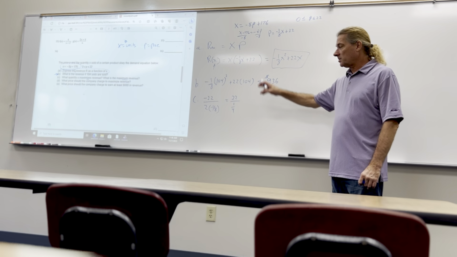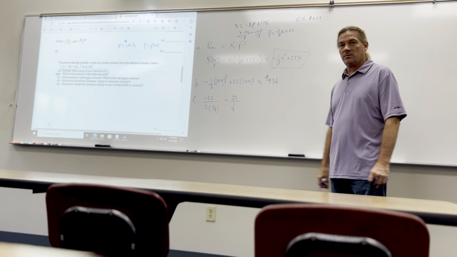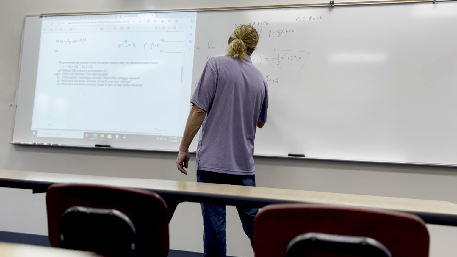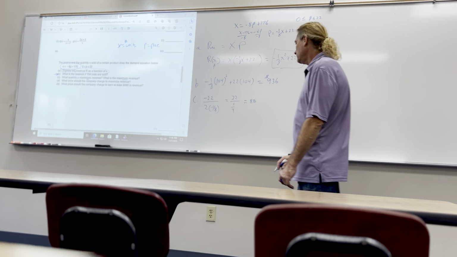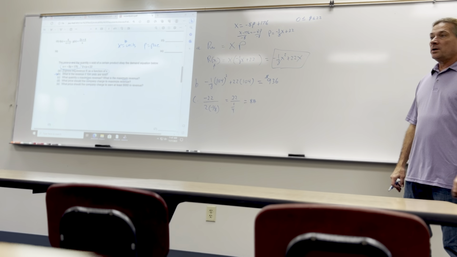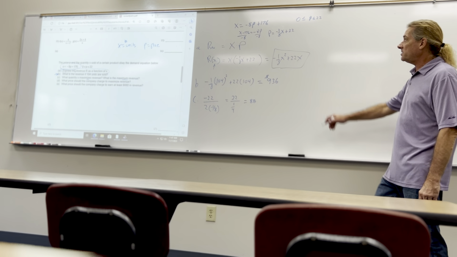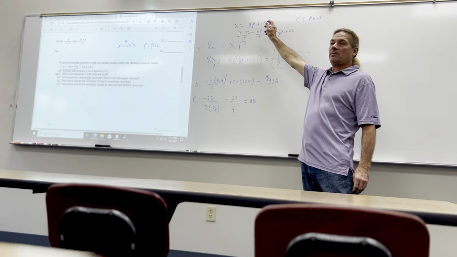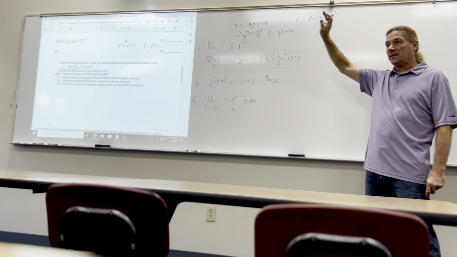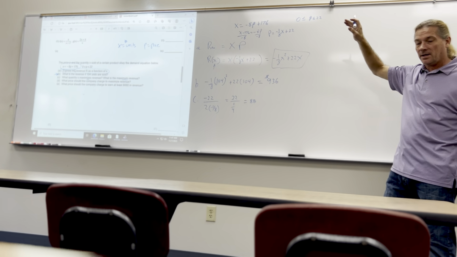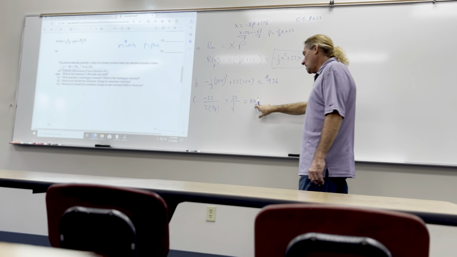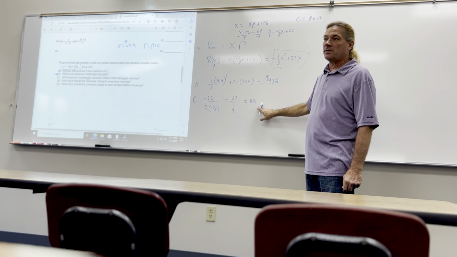The negatives cancel, and 2 over 8 is 1 over 4. Then flip and multiply, and you get 88. Now that's not a dollar figure, that's a unit number. So 88 units under this situation, however they came up with that, a microeconomics class will tell you how they come up with the demand equation. But under this condition, this number of units will maximize the revenue.